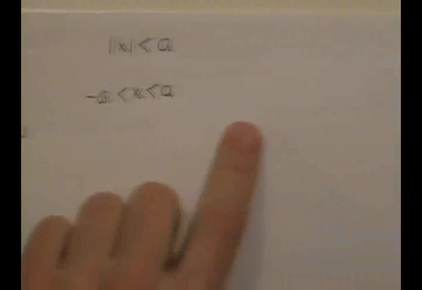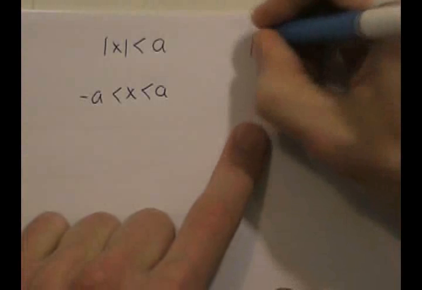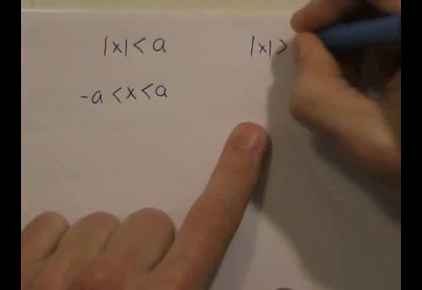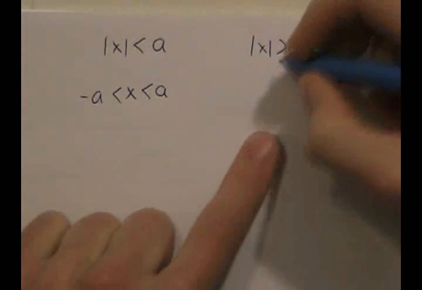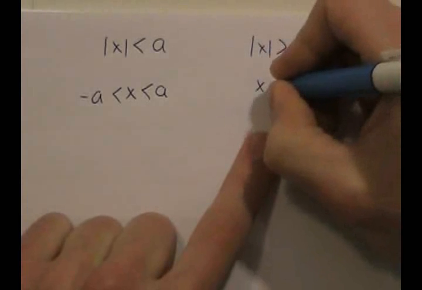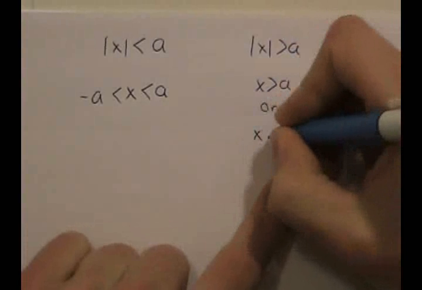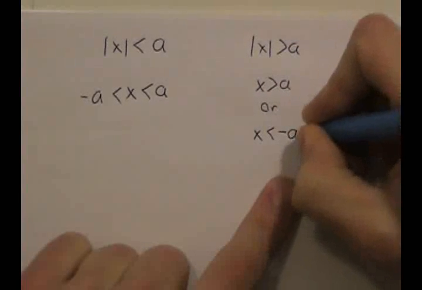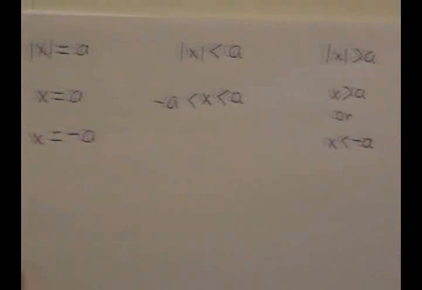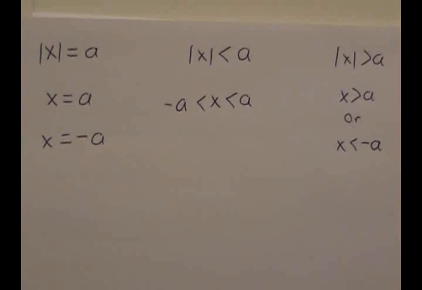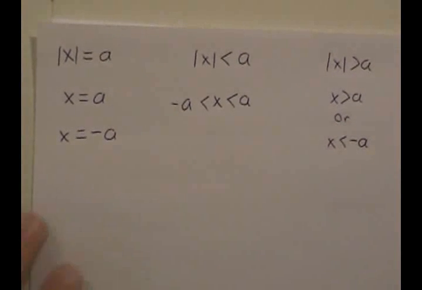And the third case is if you have absolute x greater than some positive number, you must say that either x must be greater than that number itself or x must be less than its opposite. So these are basically the only three things that you'll ever see with absolute value.